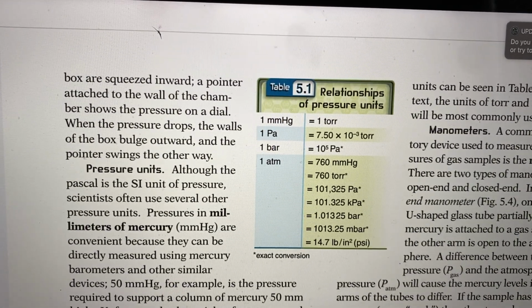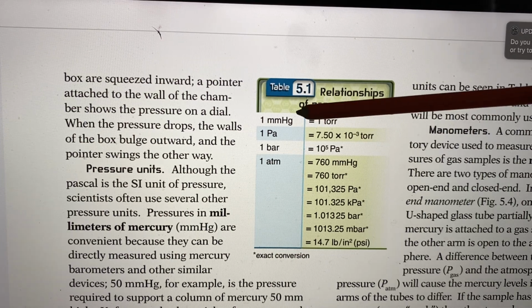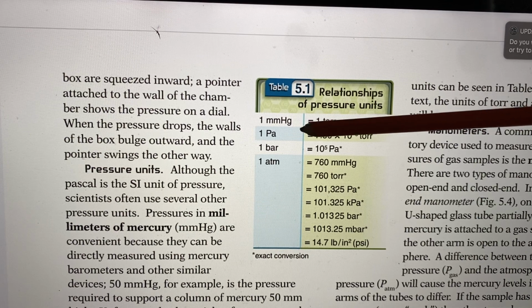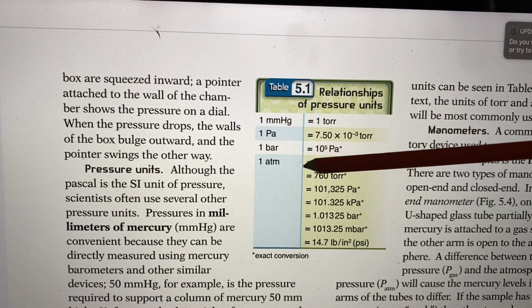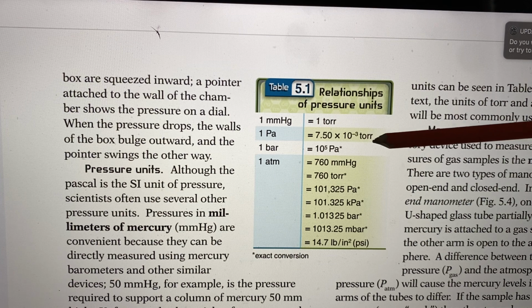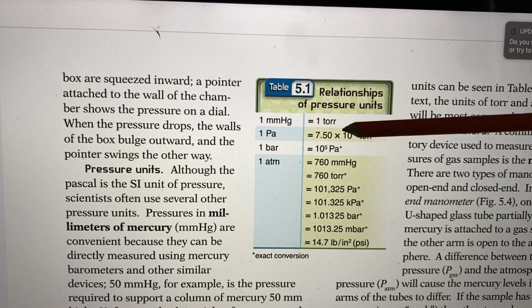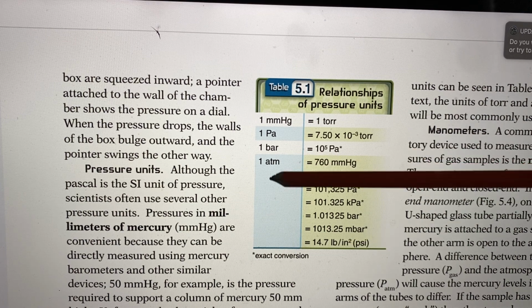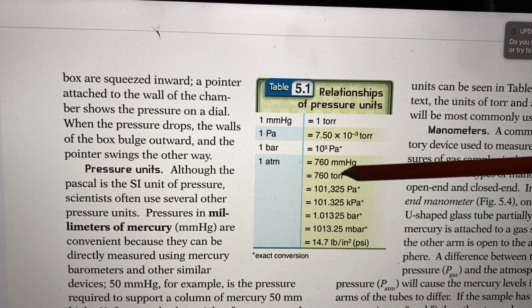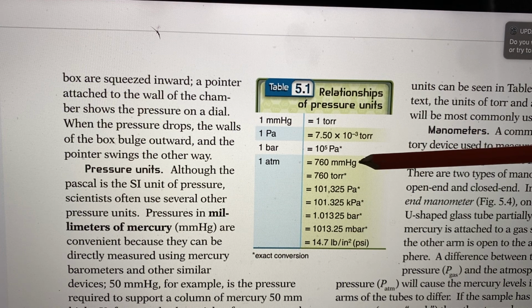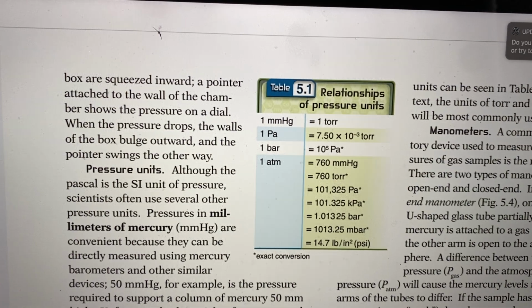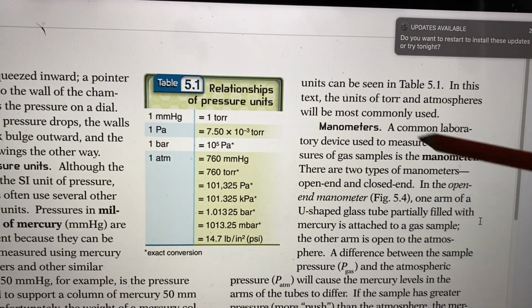This table tells us 1 torr equals 1 millimeter of mercury, and then we have 7.5 times 10 to the negative 3 torr for a pascal. 1 bar is 10 to the 5th pascals. But always remember 1 ATM equals 760 millimeters of mercury, or 760 torr. This is a pretty important number to remember. Okay, so now we're going to talk about the manometers.